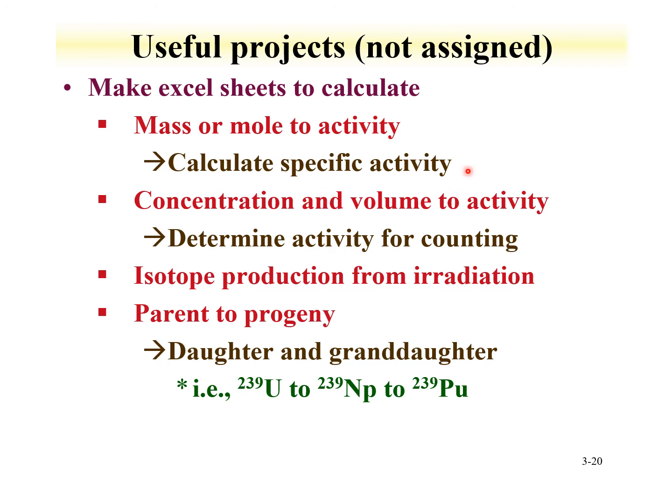So for instance, if I knew that I had a solution that was a micromole of plutonium-239 and it was 1 milliliter, I could calculate the activity of that 1 milliliter solution. I could make a spreadsheet to calculate the isotope production from radiation, and I can do some calculations on parent-daughter decays. So for instance, uranium-239 going to neptunium-239 going to plutonium-239.